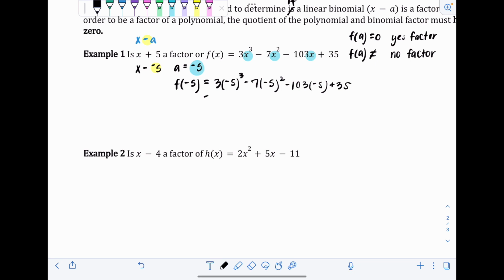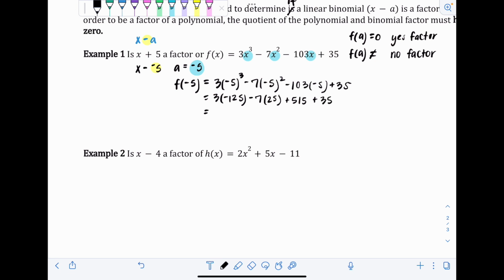So -5 to the third power is -125. And then -5 squared is 25. And then negative 103 times -5 is positive 515, from a negative times a negative, and then plus 35 at the end.